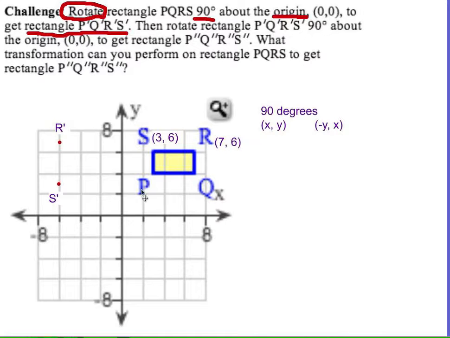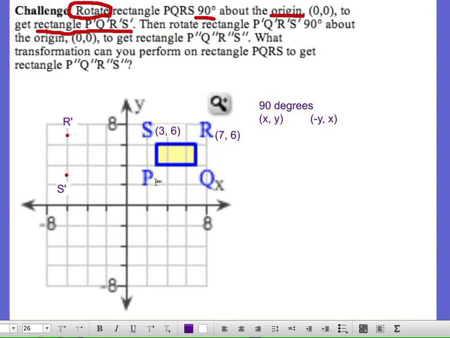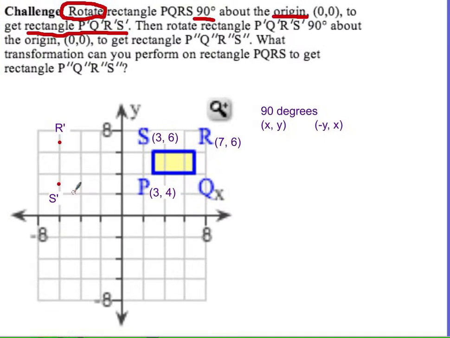Okay, we look at P. P is at 3, 4. That means our new P is at negative 4, 3.